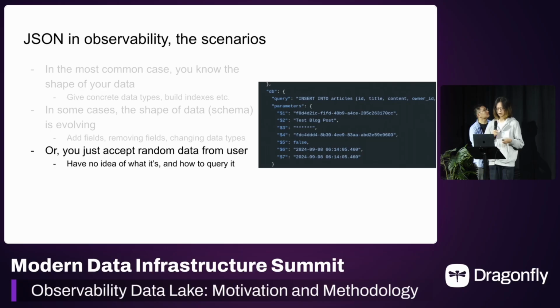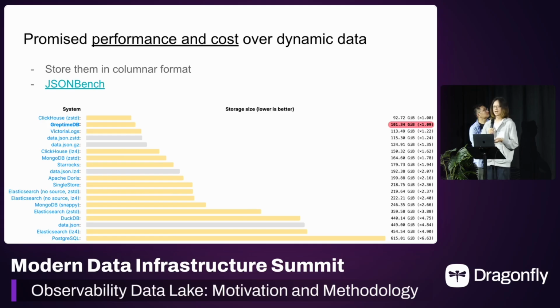So to resolve all of these and bring you the promised performance and cost, the cost of your entire data and your system over that dynamic JSON data, we have made some optimizations.